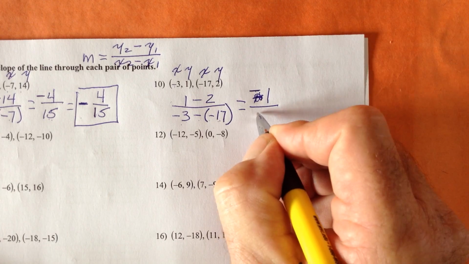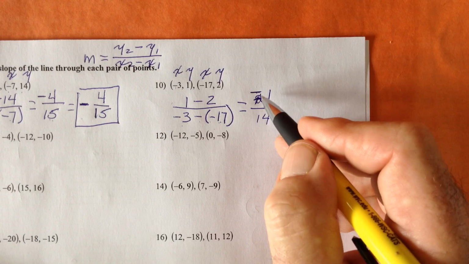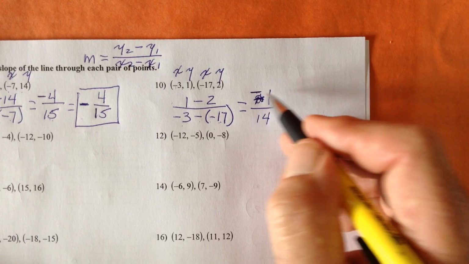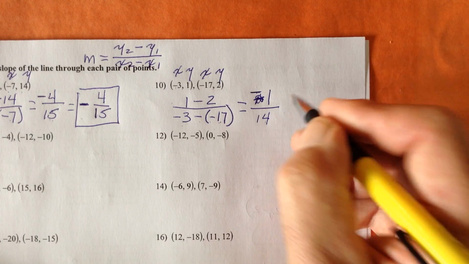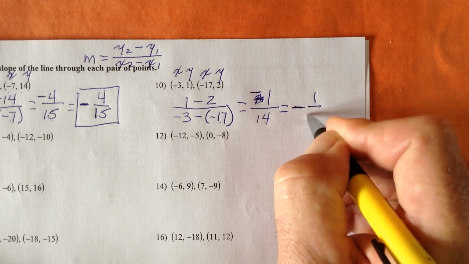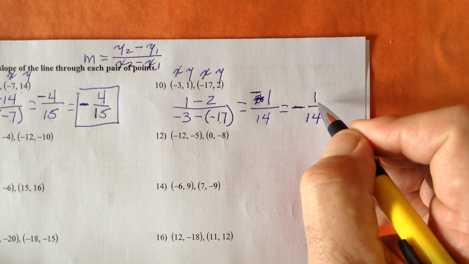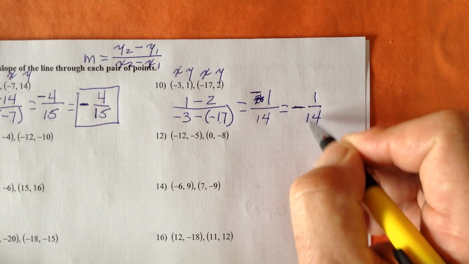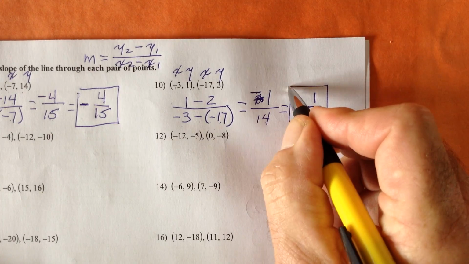So that will end up being a +14. So you end up with the y being -1, and the x being 14. Or you can write it this way, -1 over 14. Okay, so this will be the y, that'll be how much it goes up and down, and then the x is on the bottom. This is the slope now.